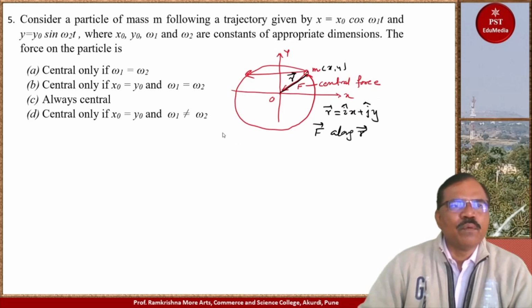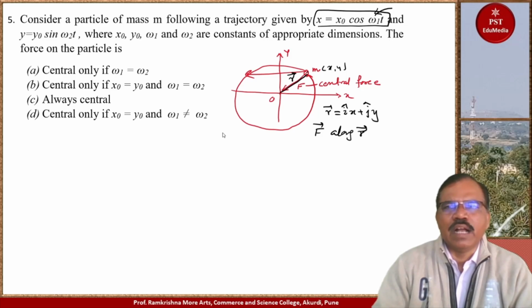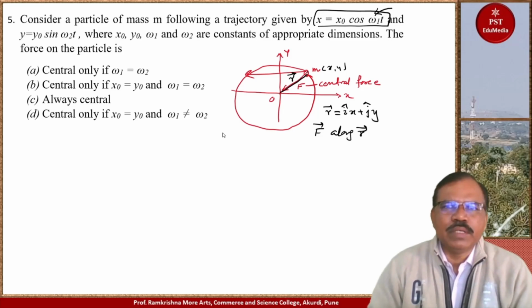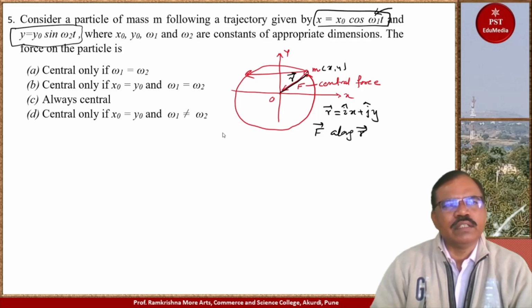Now here, what is given? Consider a particle of mass m following a trajectory given by x equal to x0 cos omega 1 t. So this is periodic motion with angular frequency omega 1 and amplitude x0, and this is also harmonic motion along the y-axis. So what happens here?